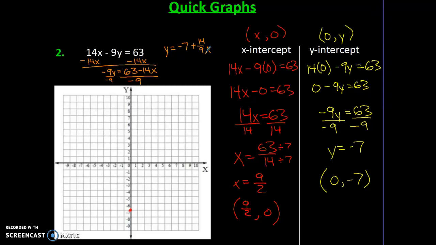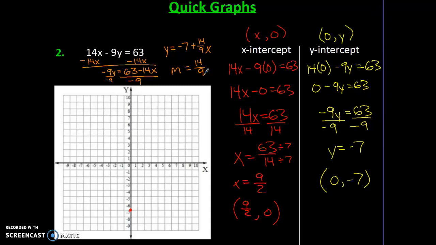Now, the reason that we are solving this for the y equals mx plus b form is because now I can obviously tell what my slope is. In y equals mx plus b, m is my slope. So in this case, my m equals 14 over 9.